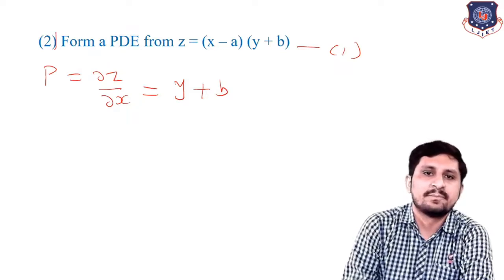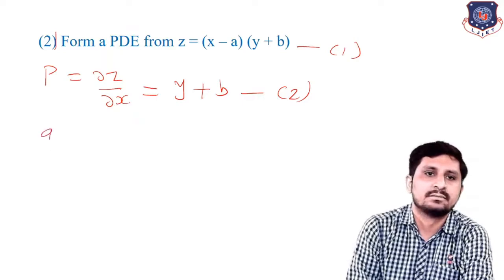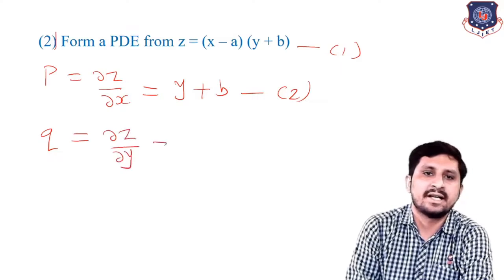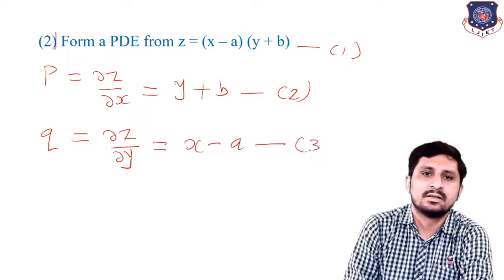So Y plus B, call it equation number 2. Now differentiation of equation 1 with respect to Y. So Q is equal to del Z by del Y, that is equal to X minus A. So this is equation number 3.